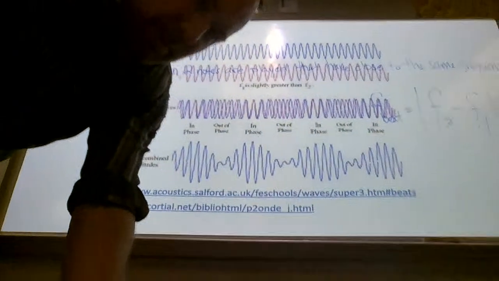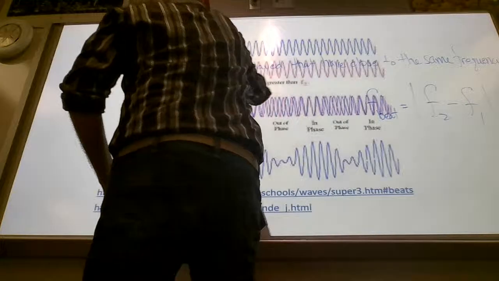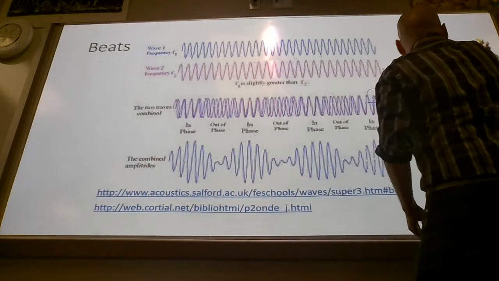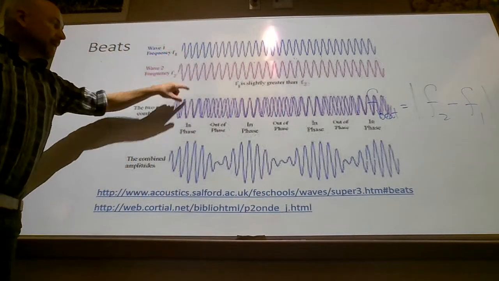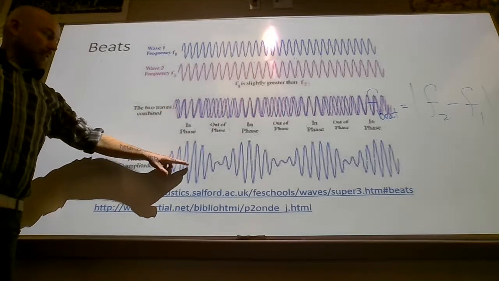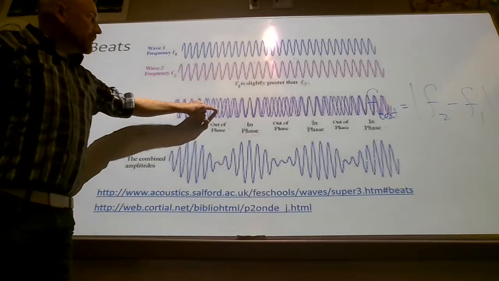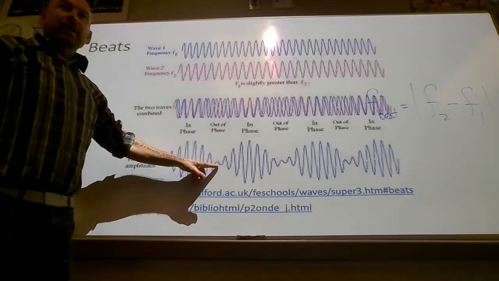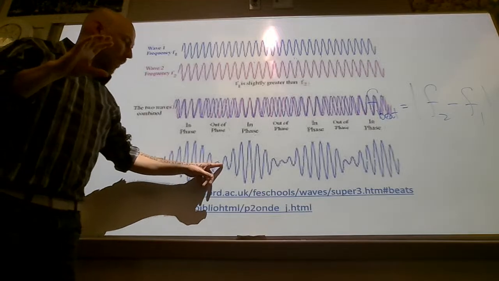When these two wave patterns are played, sometimes they're in phase with each other, and you get constructive interference, that's the loud part. Sometimes they're destructive, and you get the quieter part. The wah, wah, wah.